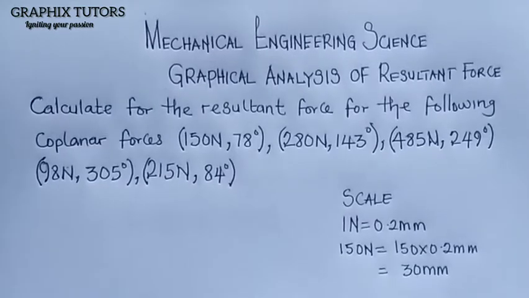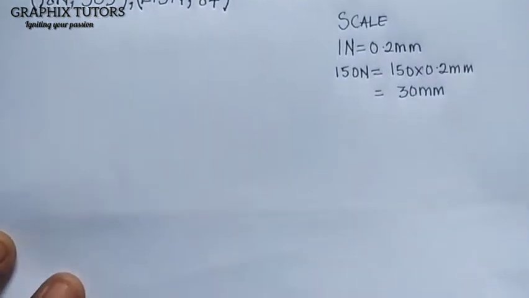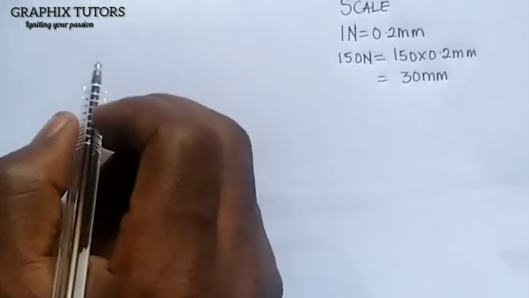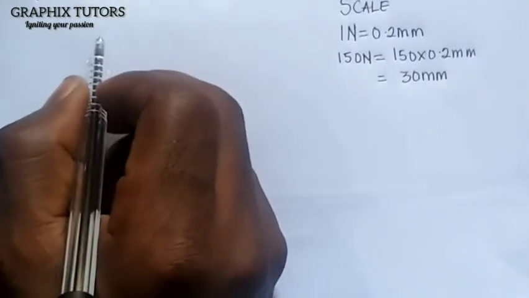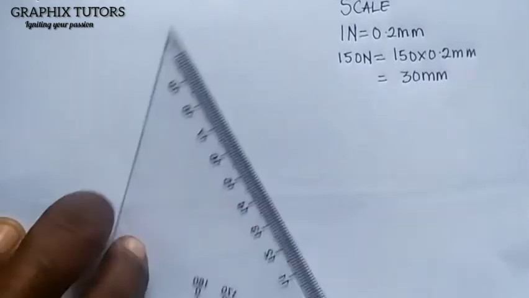So what I'm going to do here is measure 30 millimeter, and I'll go like this. So let's see how it goes. From here, I'm considering 150 at an angle of 78 degree. I'm going to place my meter rule this way at this point.